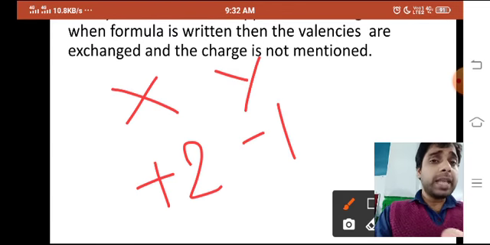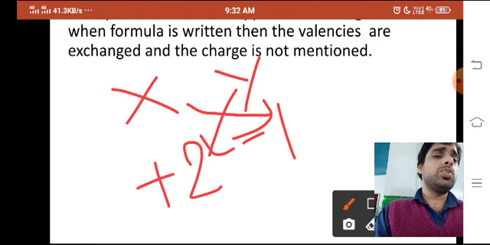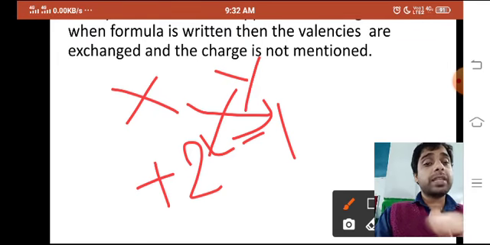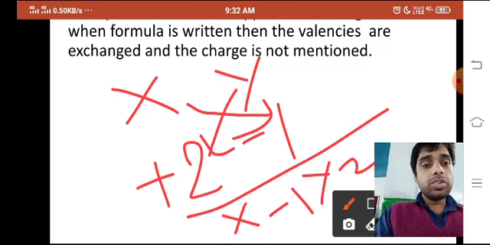Then it is written on the top, finally the crisscross method. X is multiplied with the valency of Y, and Y is multiplied with the valency of X. So what will it give as the result? It will give X with -1 and Y with 2.